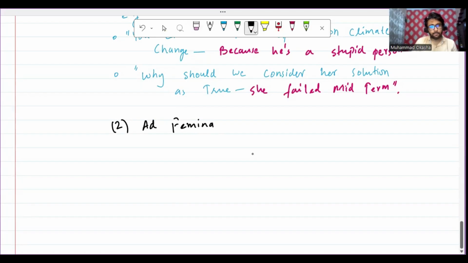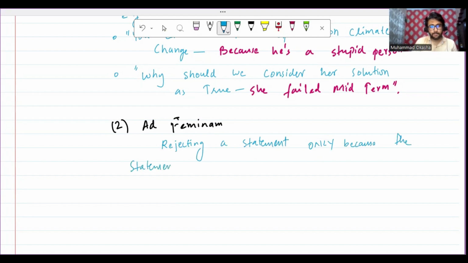Ad feminam means rejecting a statement, or saying a statement is false. We just talked about statements a while ago. Rejecting a statement not by looking at the merit of the statement, but only because the statement is proposed by a woman, right?